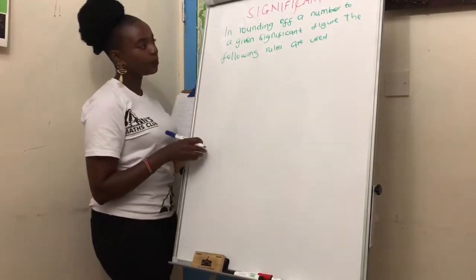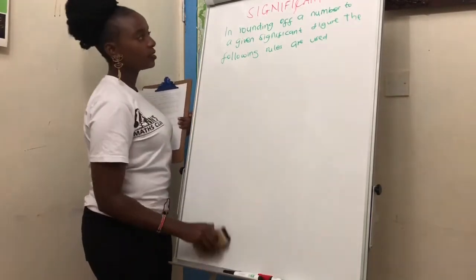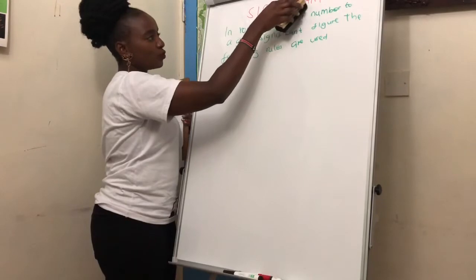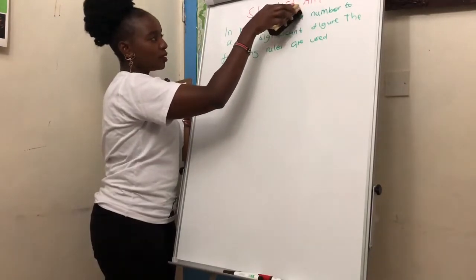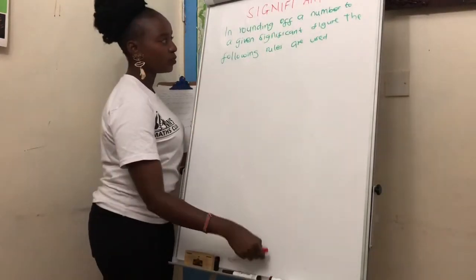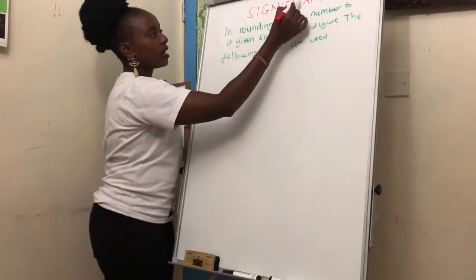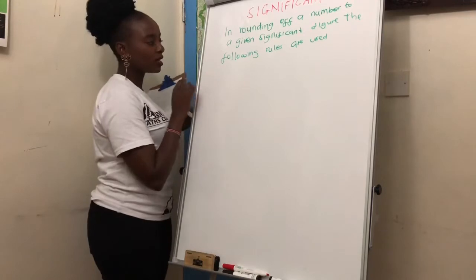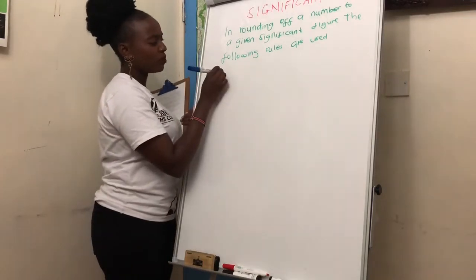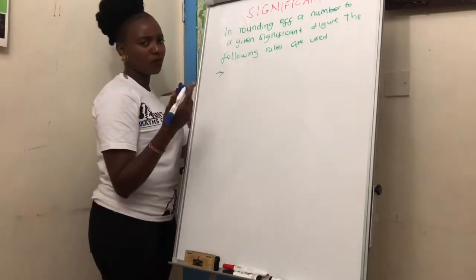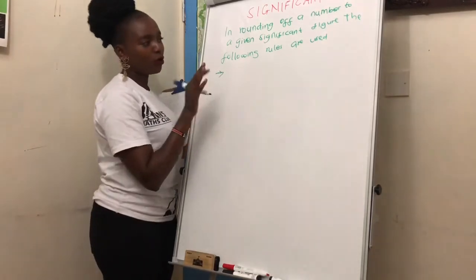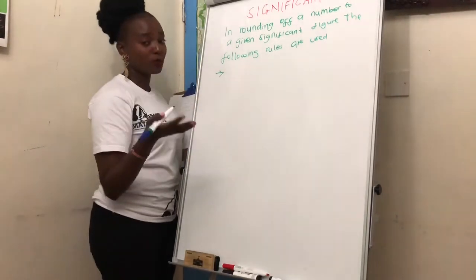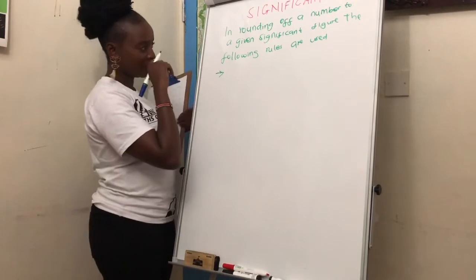Under significant figures, when you're asked to round off a number to a given significant figure, these are the rules that can guide you. So maybe you can write these rules, at least before you get into an exam and you've forgotten. I think you can just go through to at least remember, and make you understand better.